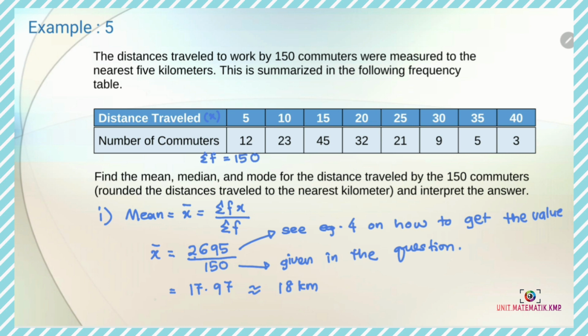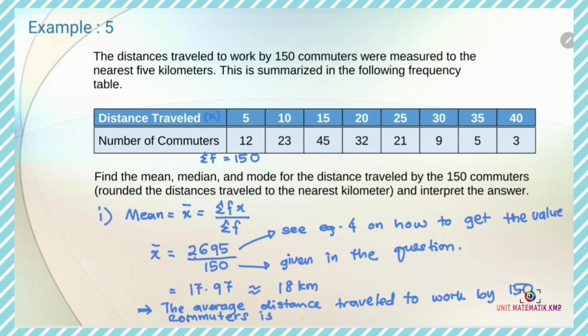And we can interpret the answer here is the average distance travelled to work by 150 commuters is 18 kilometers.